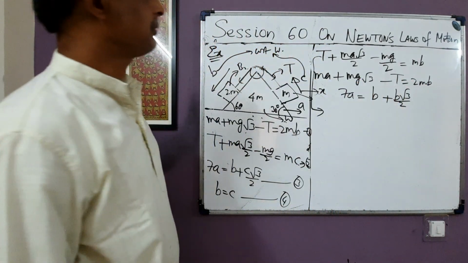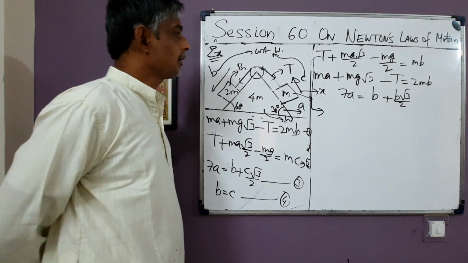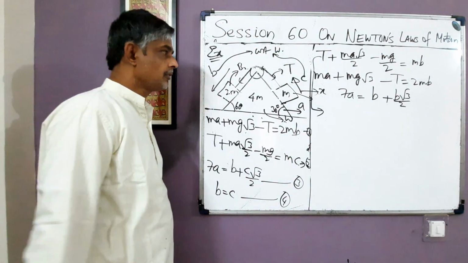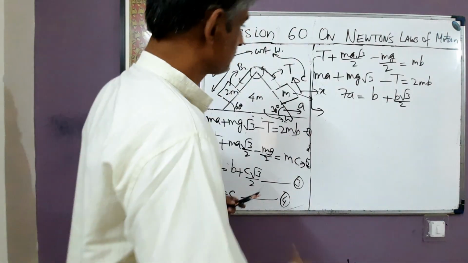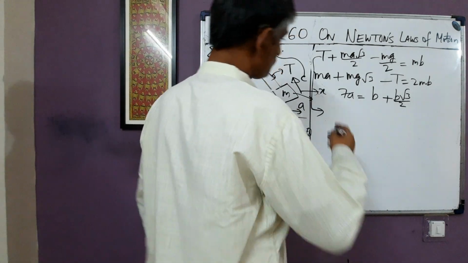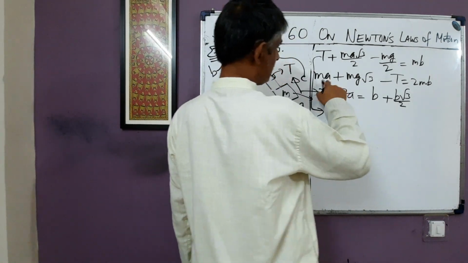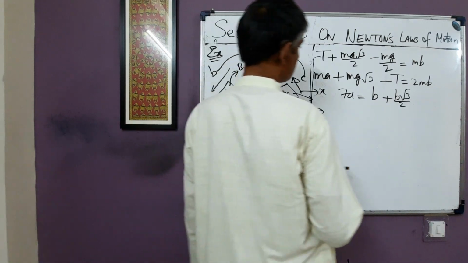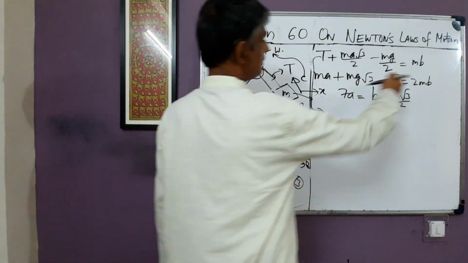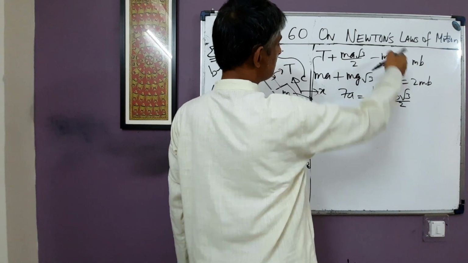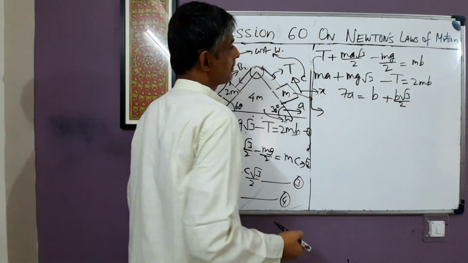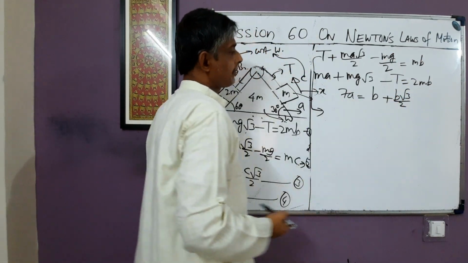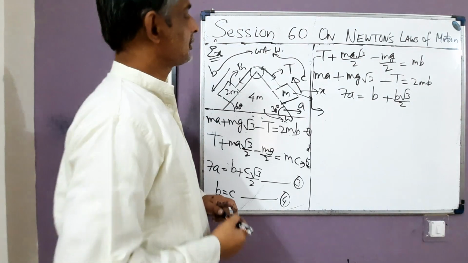So we will get a relation between T and a from these two, and then we can get the value of T. I'll just divide these two, then b goes away and we are left with only a. And then we can solve the problem.